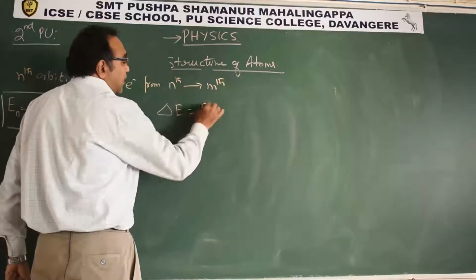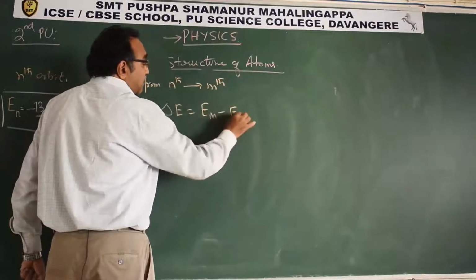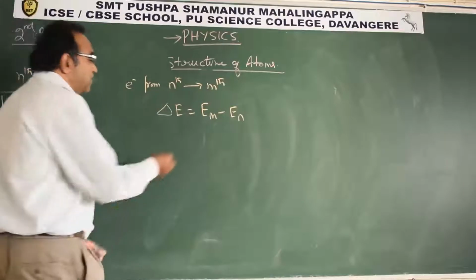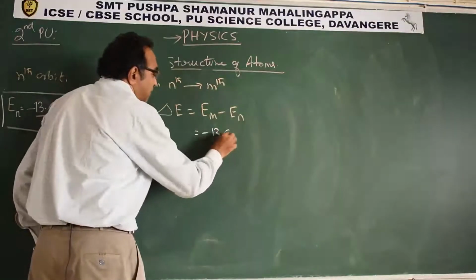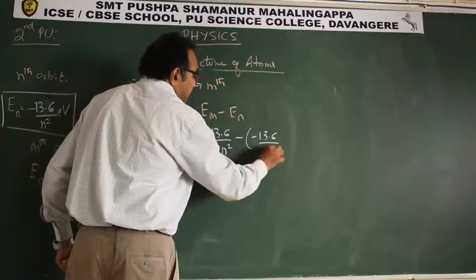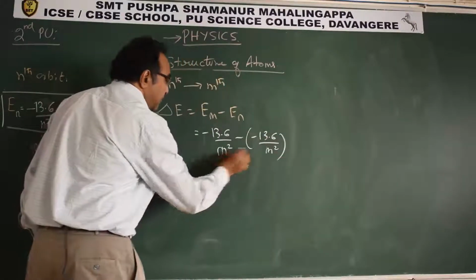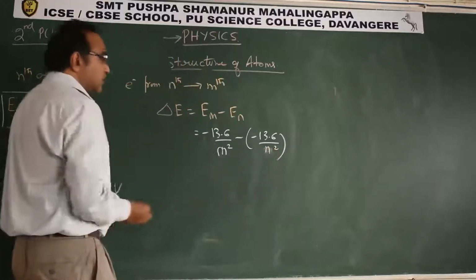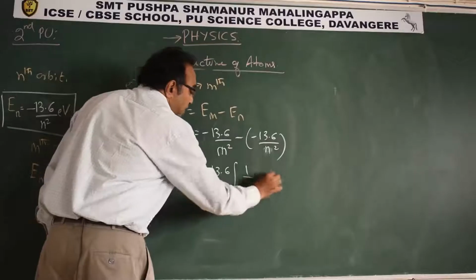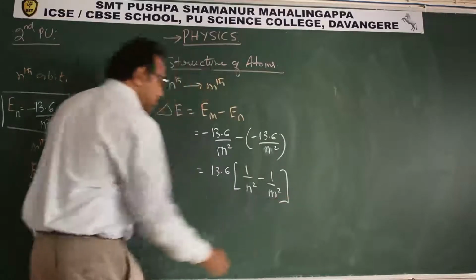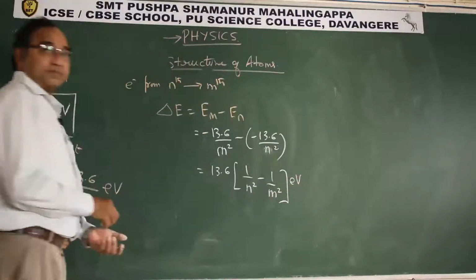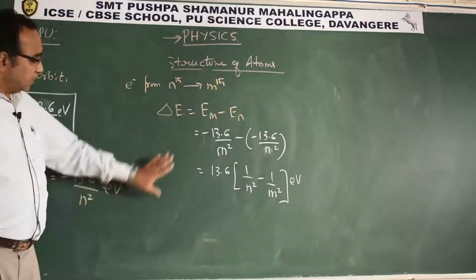Delta E is E_m minus E_n, final minus initial. So E_m is minus 13.6 by m square, minus of minus 13.6 by n square. Sorry, this is m and this is n. So we can write it as 13.6 times (1 by n square minus 1 by m square). This is in electron volt. Got it? This is what we have.